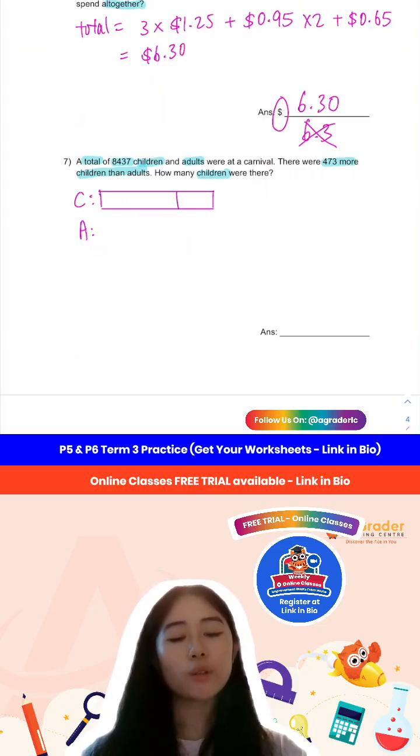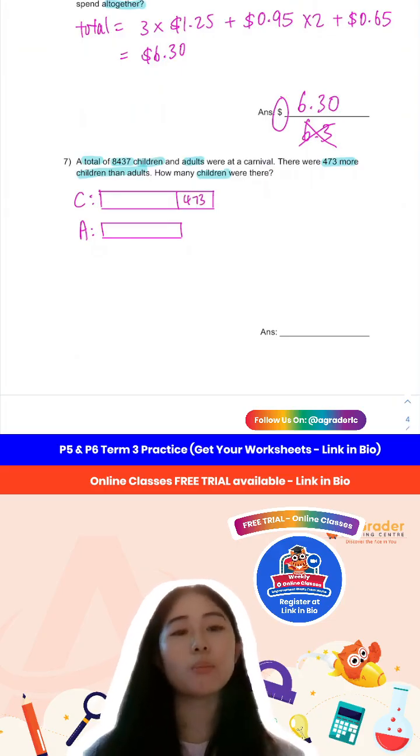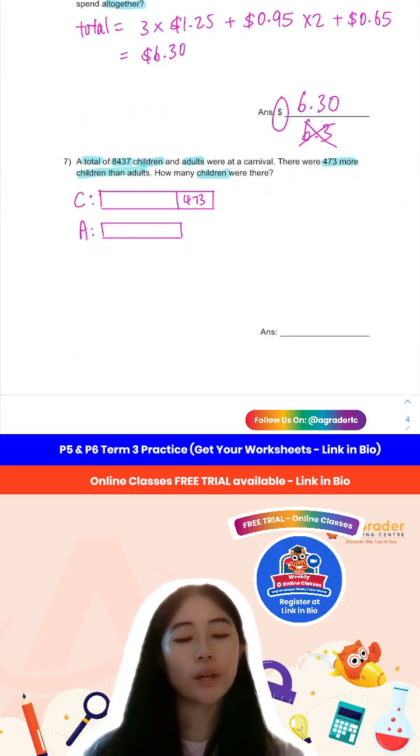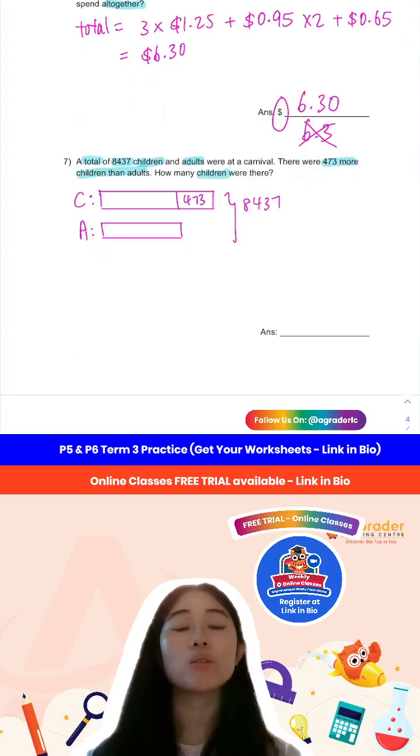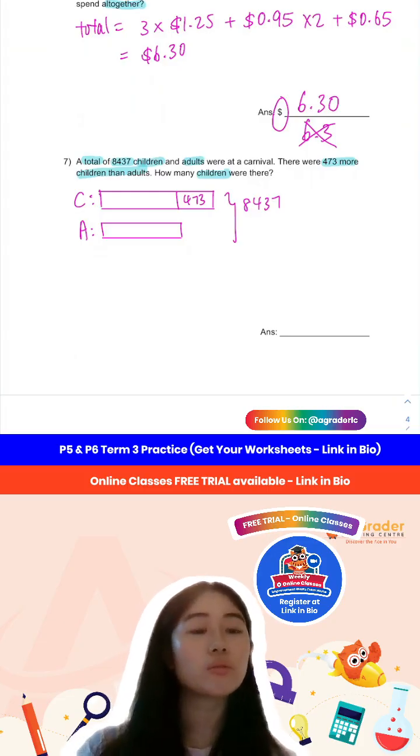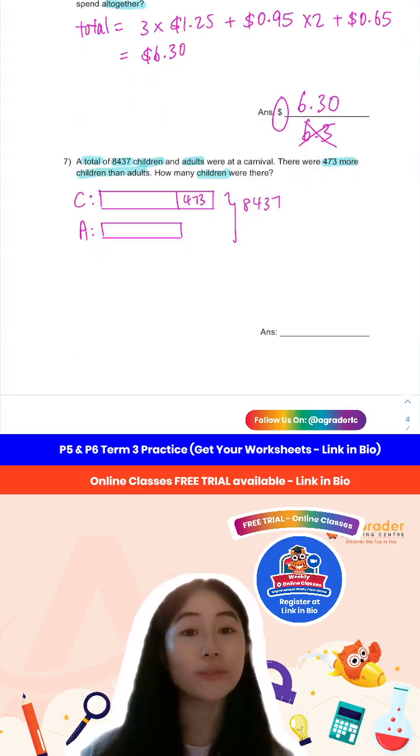For the children, you're gonna draw a bit longer because there's more children. So for the children, there's supposed to be 473 more, and then you have the total 8437. So based on this model, you should know how to calculate.